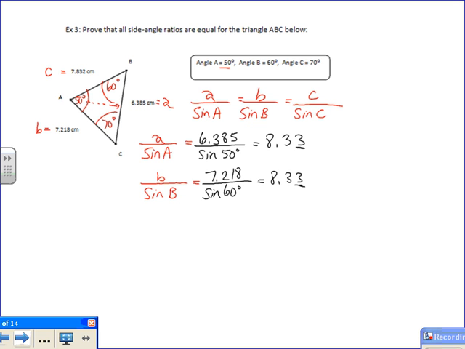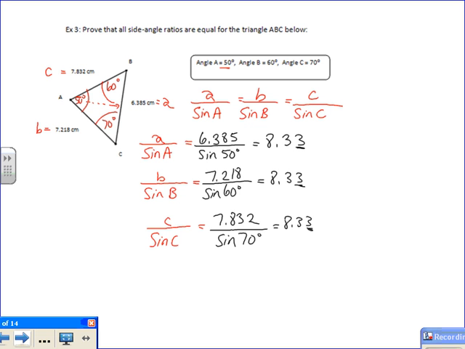And finally, the very last ratio, C over the sine of C, is equal to side length C, which is 7.832, divided by the sine of angle C, which is 70 degrees. And again, if I put this into my calculator, I get 8.33 when rounded to that second decimal place.